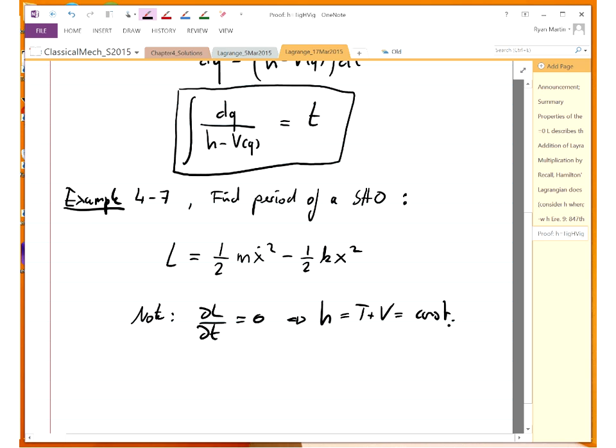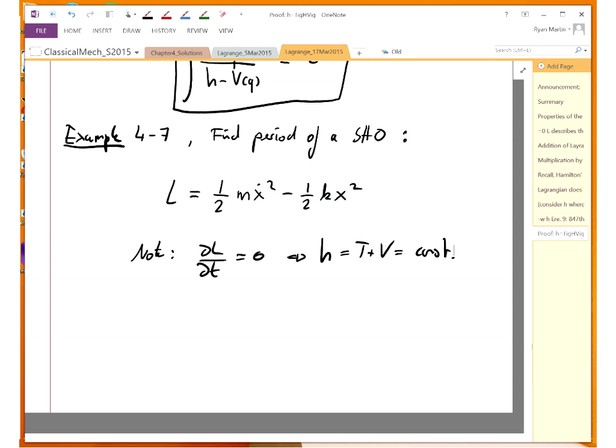Now be careful, h is only equal to t plus v if t is quadratic in the velocity and v doesn't depend on the velocity. That's the case here. So h is indeed t plus v and it's a constant. And L clearly does not depend explicitly on time because t is not in that equation. Right? So if that's true, then I can evaluate what my constant h is.